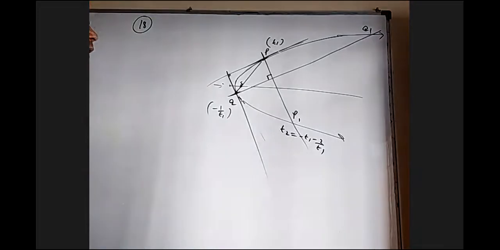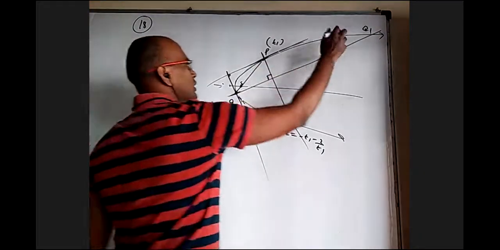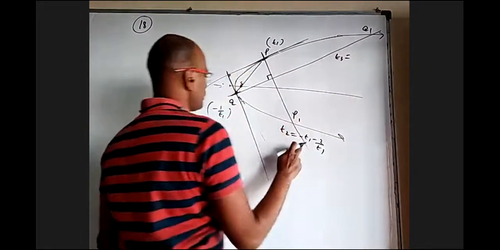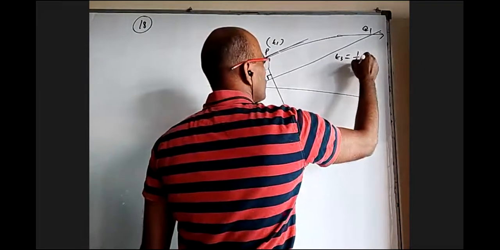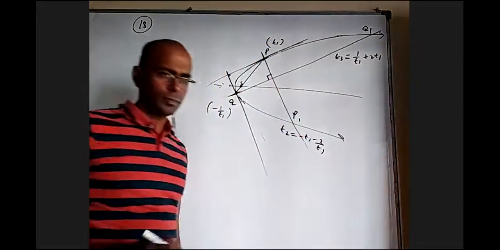We know that. Similar formula if you use, let's say I'll call this T3. Same formula, but wherever T1 is there, I should write -1/T1. So it is going to be 1/T1 + 2T1.